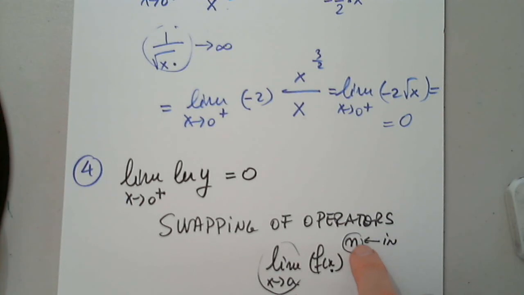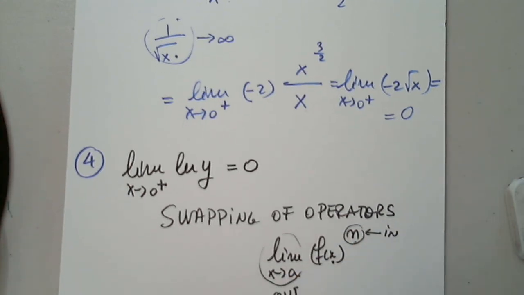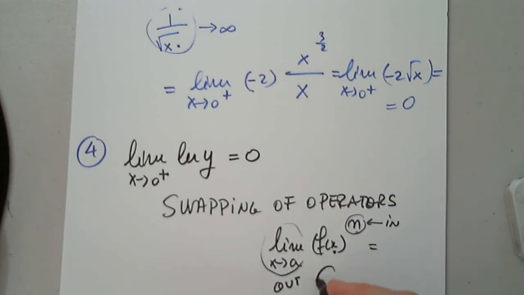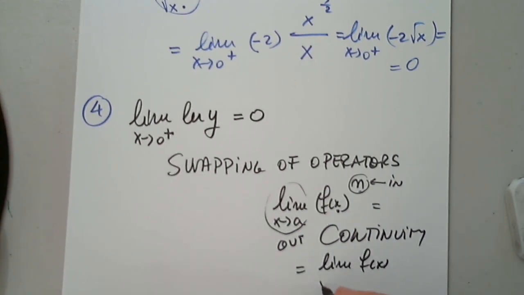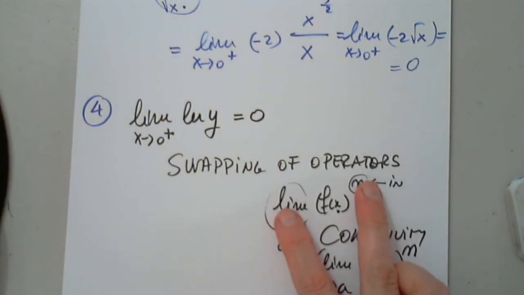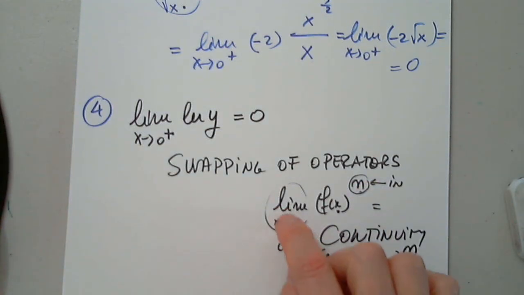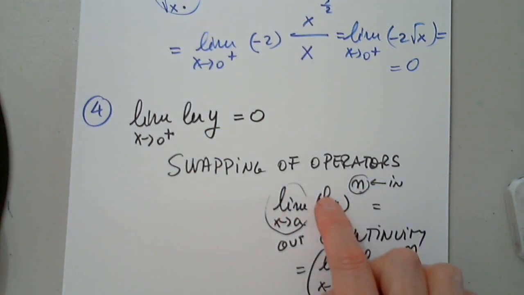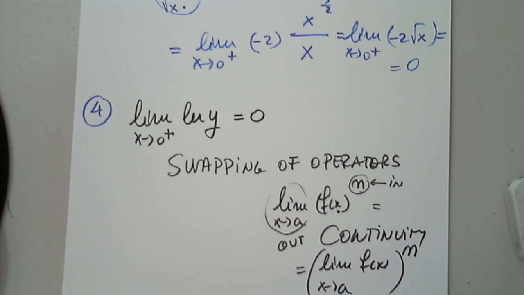I can put this as the second operator, and I can put this as the first operator under continuity. So I can say the limit of f of x as x approaches a, everything raised to power n. So I swapped the operators. I put the limit next to the function, and I put n outside.